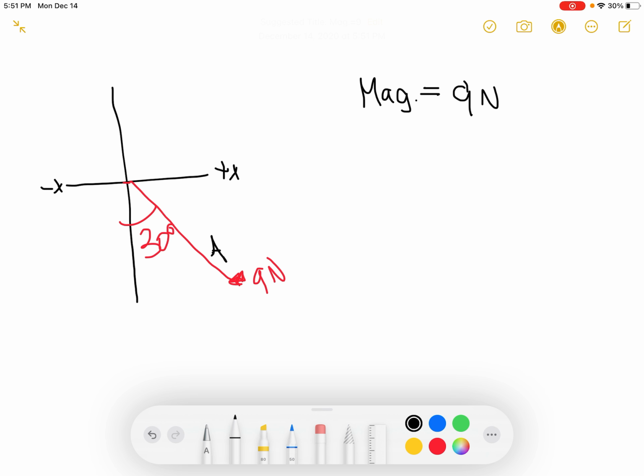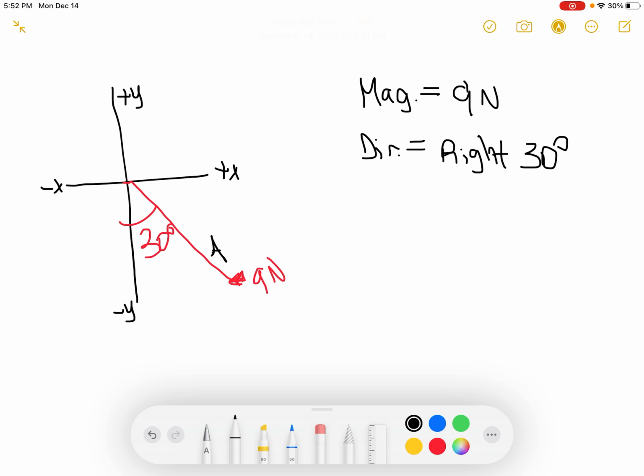This is the negative x, positive y, negative y. Because remember, up positive, right positive, down negative, left negative. So negative y-axis because it's down. So the direction relative to negative y-axis is right 30 degrees.